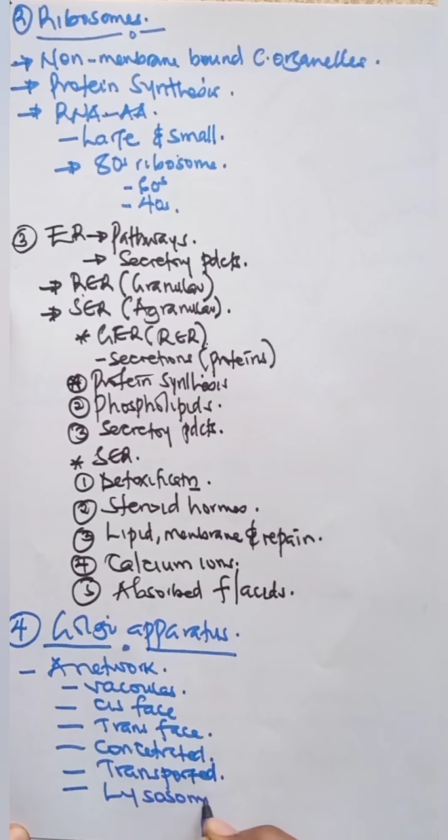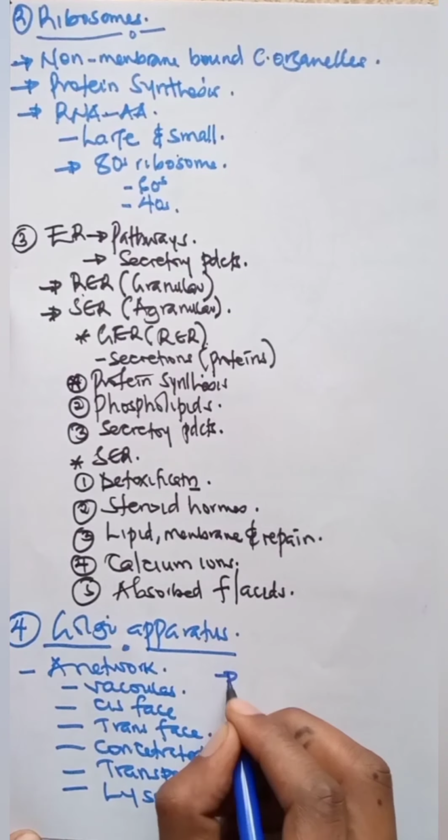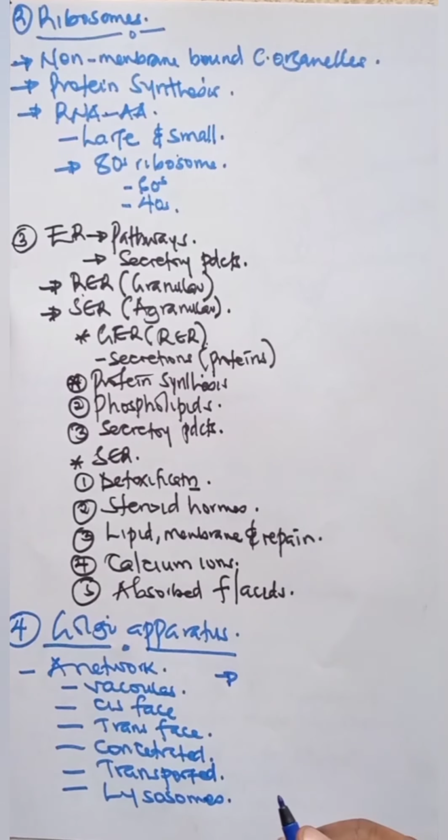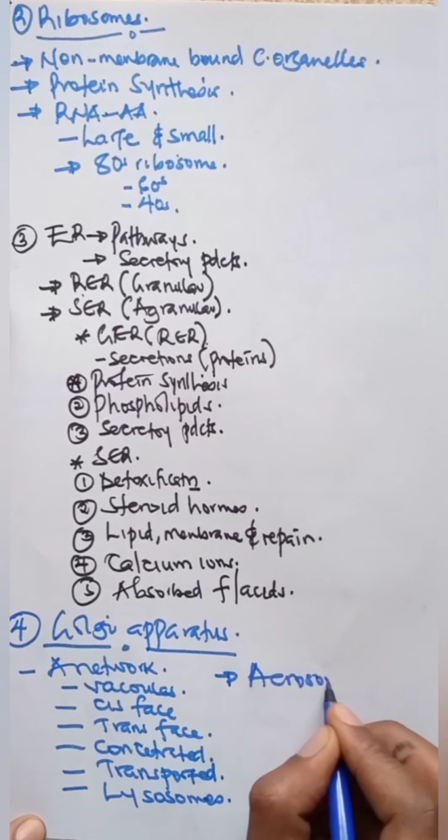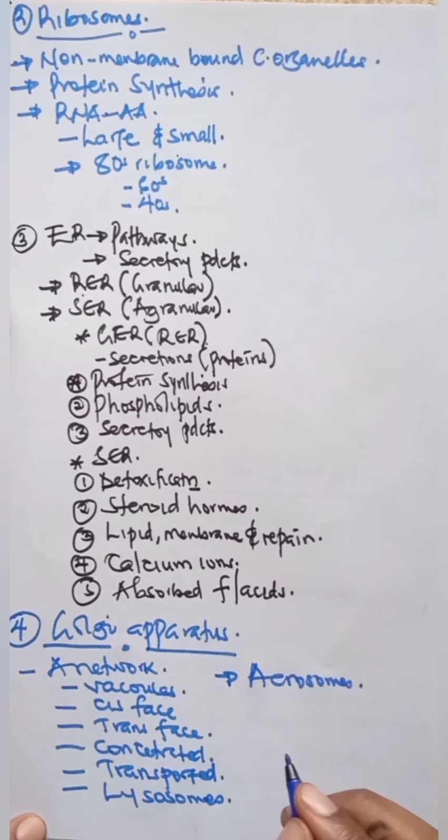So apart from that key function of the Golgi apparatus, the other functions include formation of lysosomes and other microbodies like the peroxisomes. Also, the Golgi apparatus is very important in formation of the acrosome of the spermatozoan head.